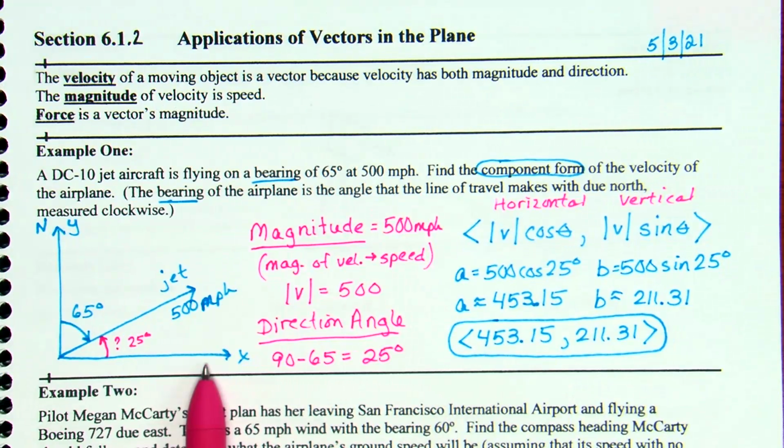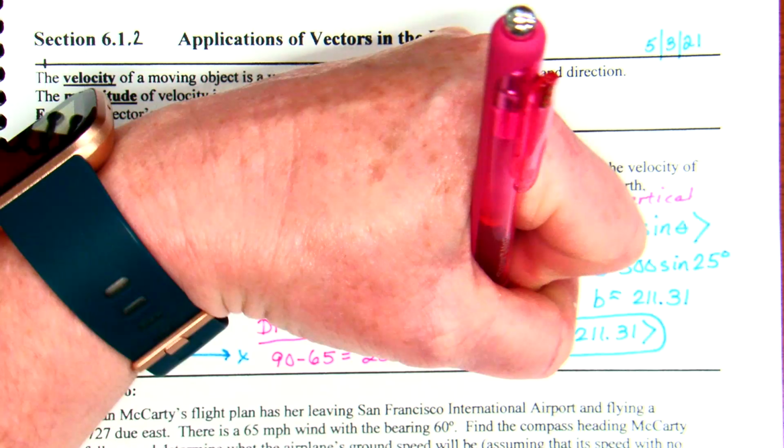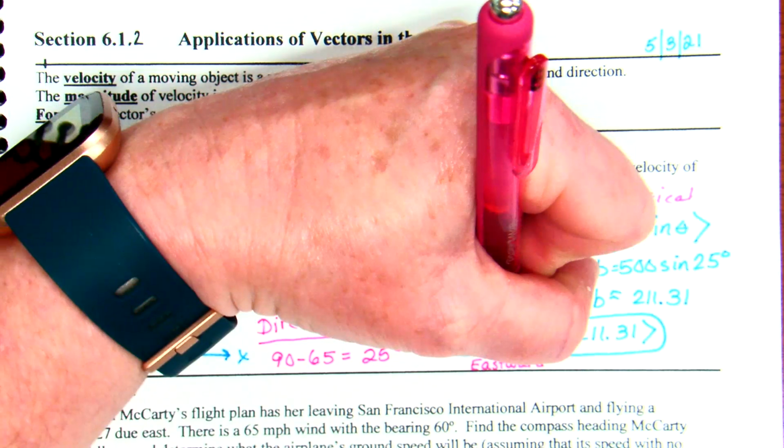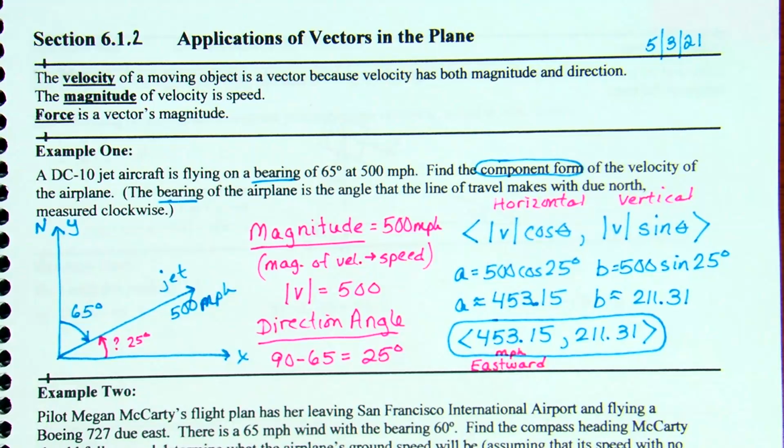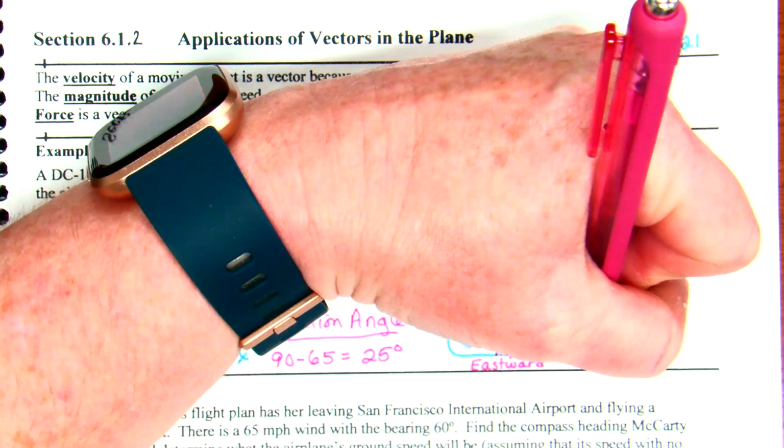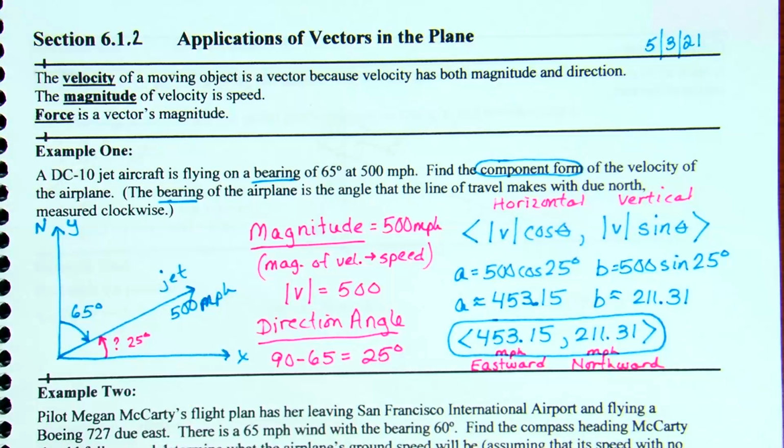So the idea is that this jet is going, and technically this is miles per hour, 453 miles per hour in an eastward direction and 211.31 miles per hour in a northward direction.